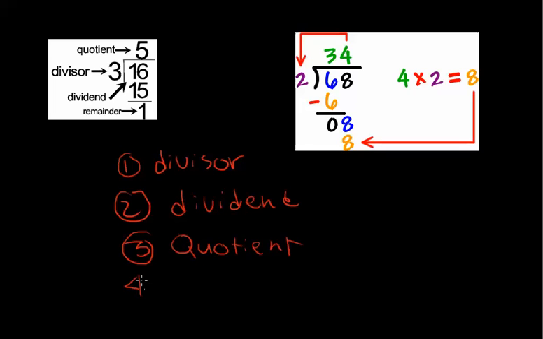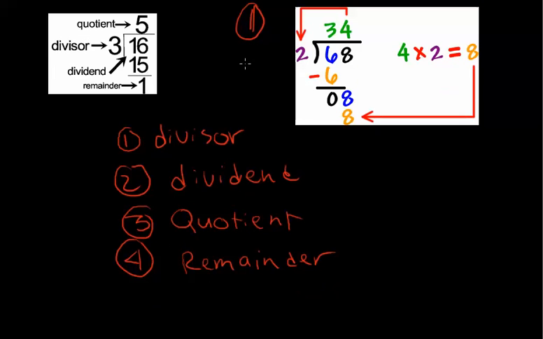And number 4 finally is going to be the remainder. Okay, now let's look at the problem to the right, and we'll call this problem 1. We'll put a little 1 up there. Now let's simply write our answers down here, and then we're going to practice doing these on the next couple pages.